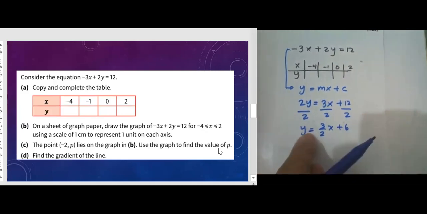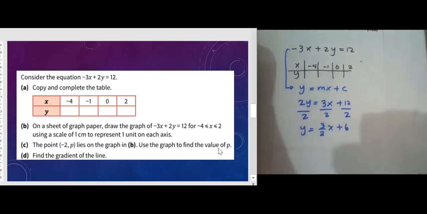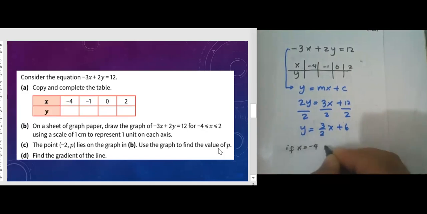And then now we can plug in the values. So if x is negative 4, y will be equal to 3 over 2 times negative 4 plus 6. So that's y is equal to, cancel this one, negative 6 plus 6 equals 0.